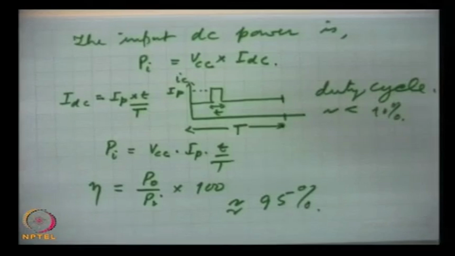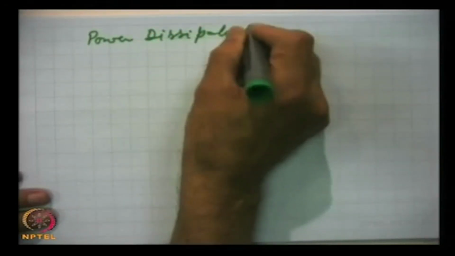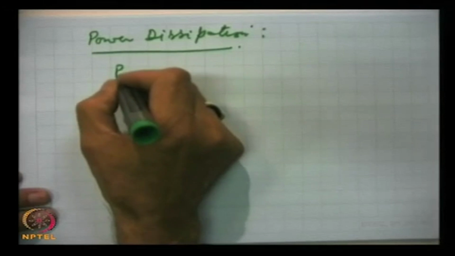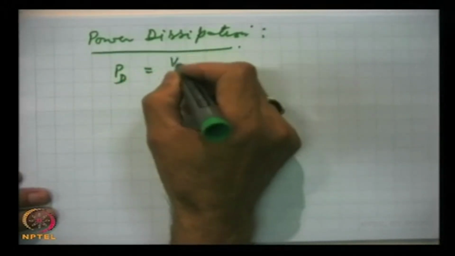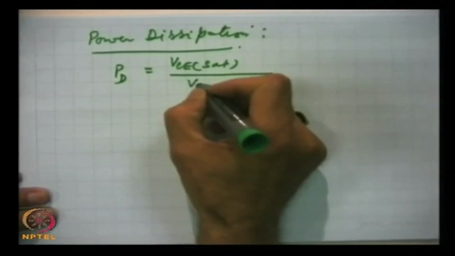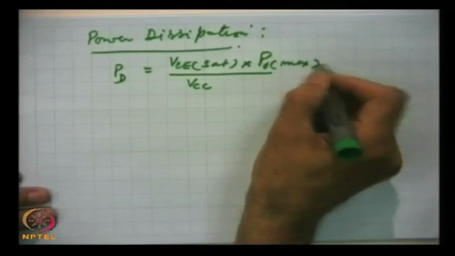So, very high Q tank circuits are possible with such small values. Now, after efficiency, the last thing is power dissipation, that is also very low in this circuit. Power dissipation Pd can be shown to be equal to VCE set by VCC into P0 max.